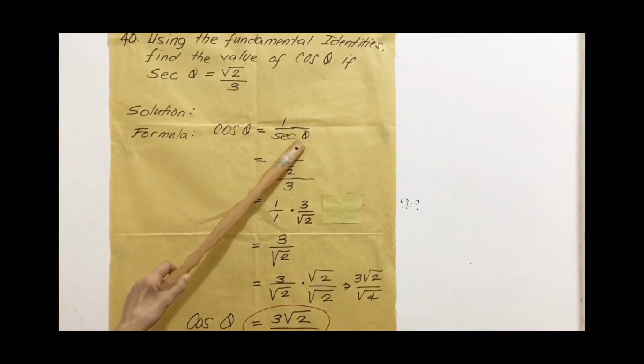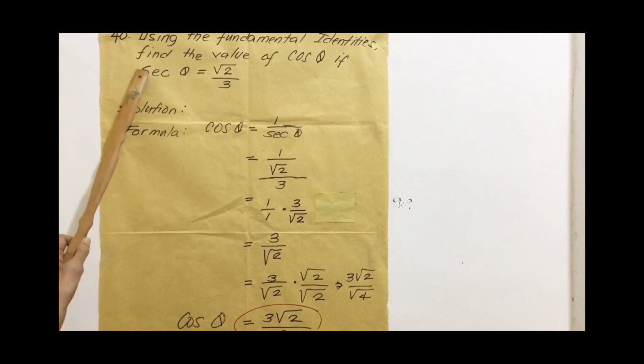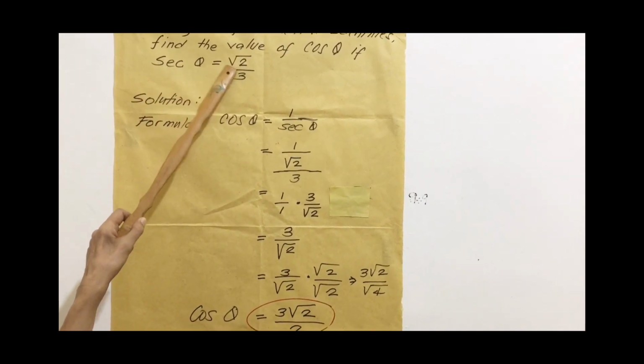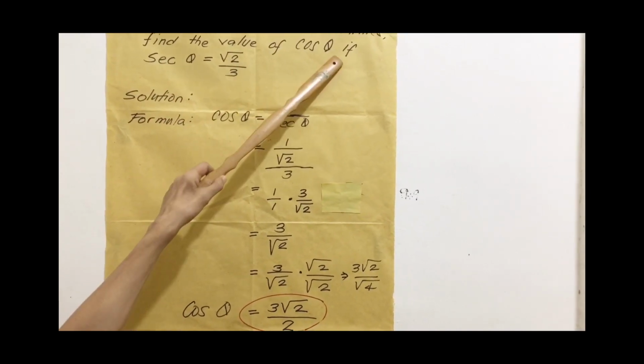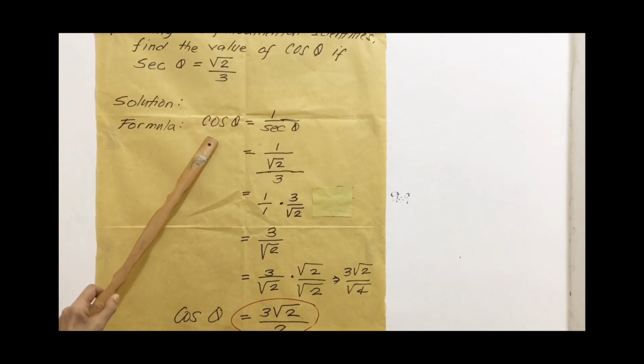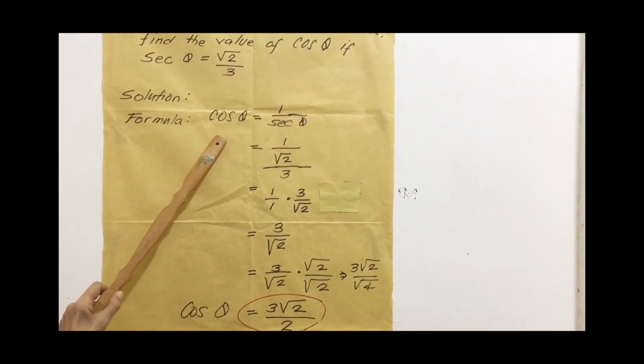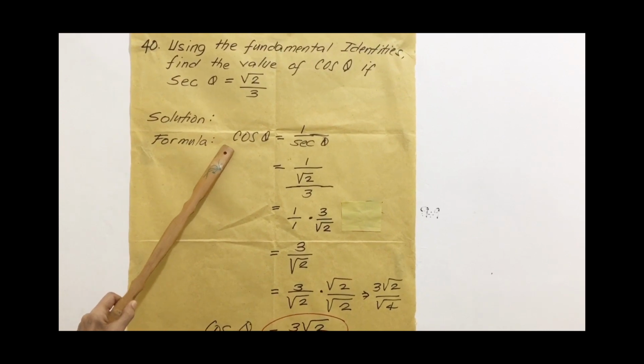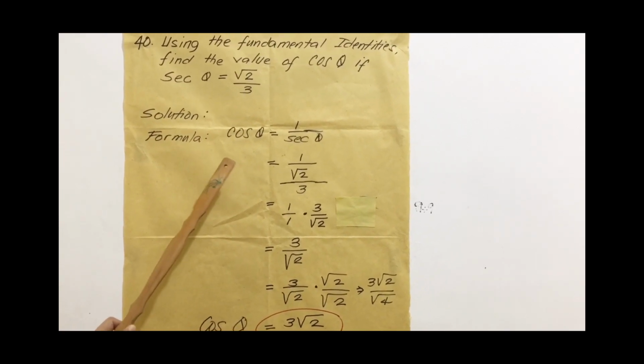So this will be our formula because they gave secant theta as square root of 2 over 3.